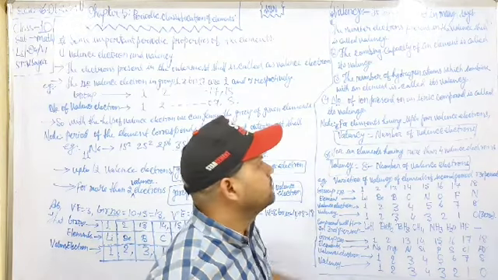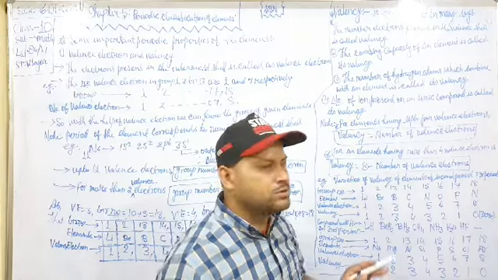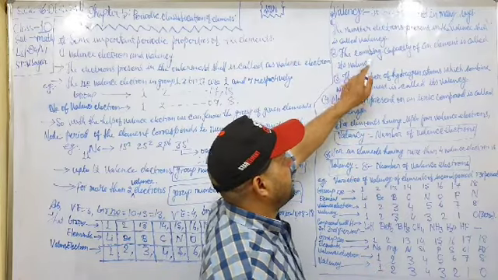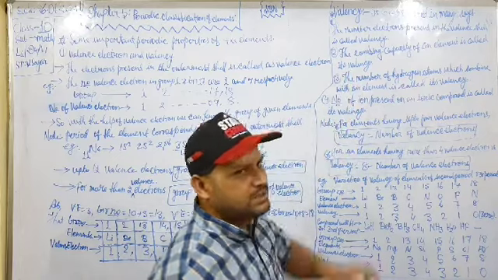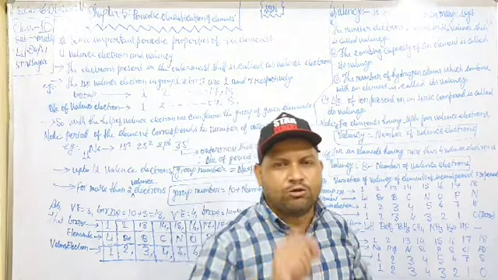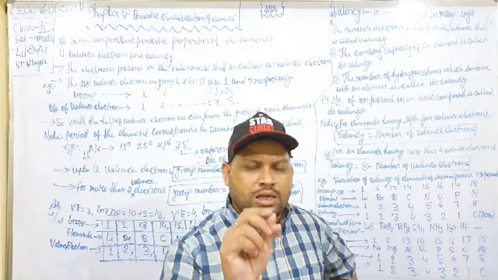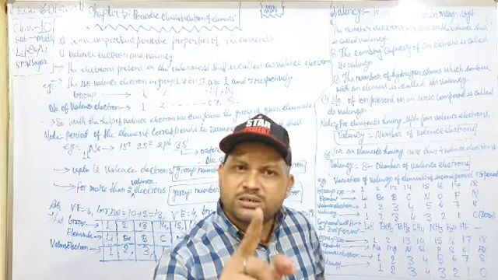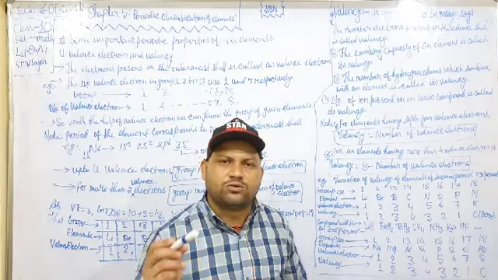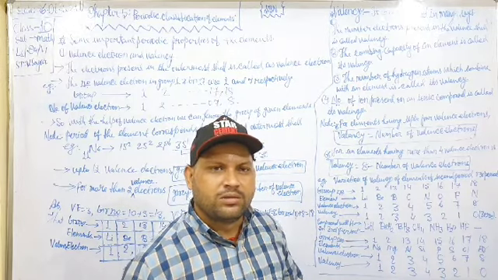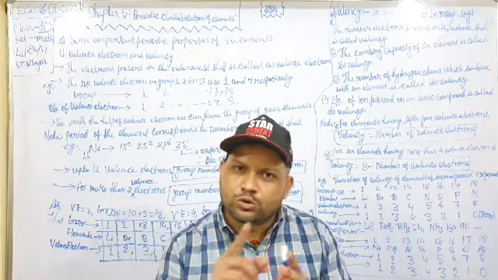Never be confused. The combining capacity of an element is called its valency. For example, in halogens, the number of valence electrons is 7. Then the valency of chlorine should be 7.